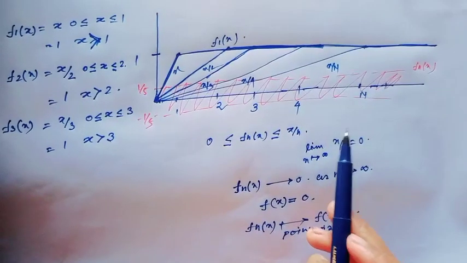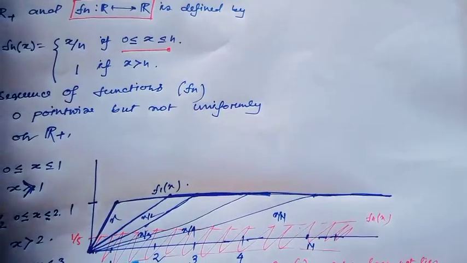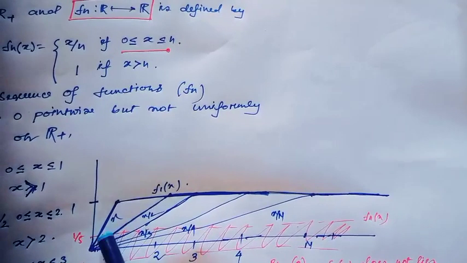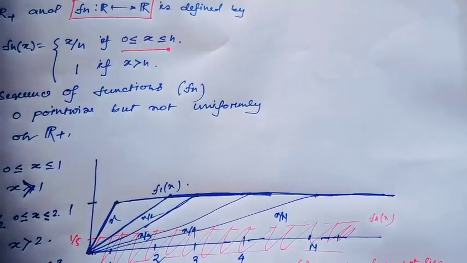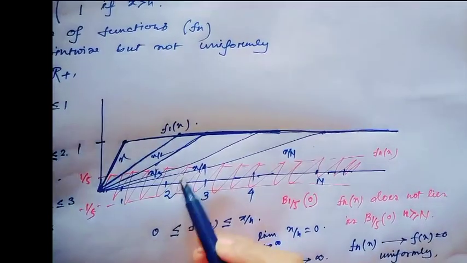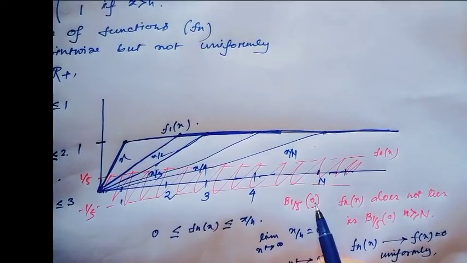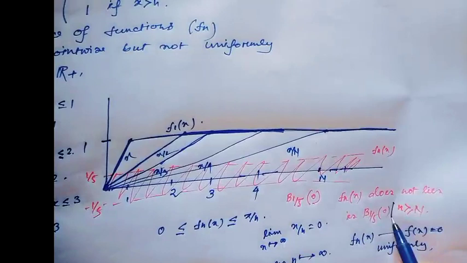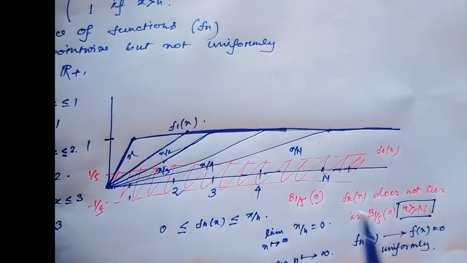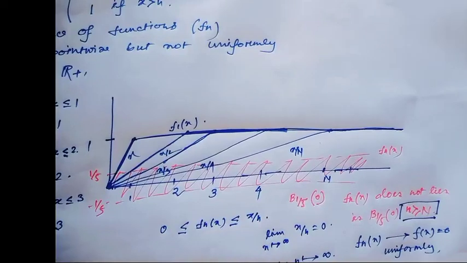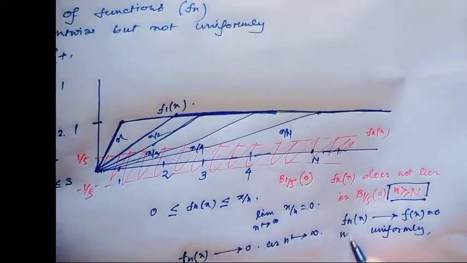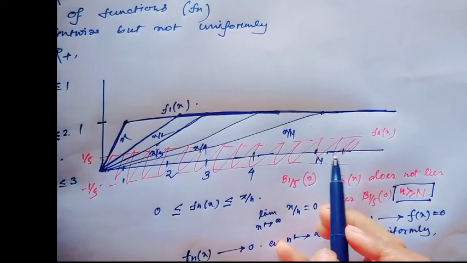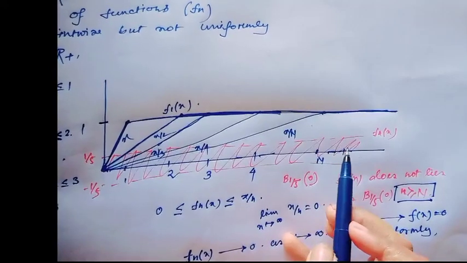If the sequence of functions converged uniformly, then by the definition, after some steps all the functions would lie in this neighborhood. But we consider this ball with radius 1 over 5 and center 0, and the f_n(x) after some steps, after some capital N, do not lie in this neighborhood. So this convergence is not uniform. For this bad epsilon, we can say this sequence of functions is not uniformly convergent.